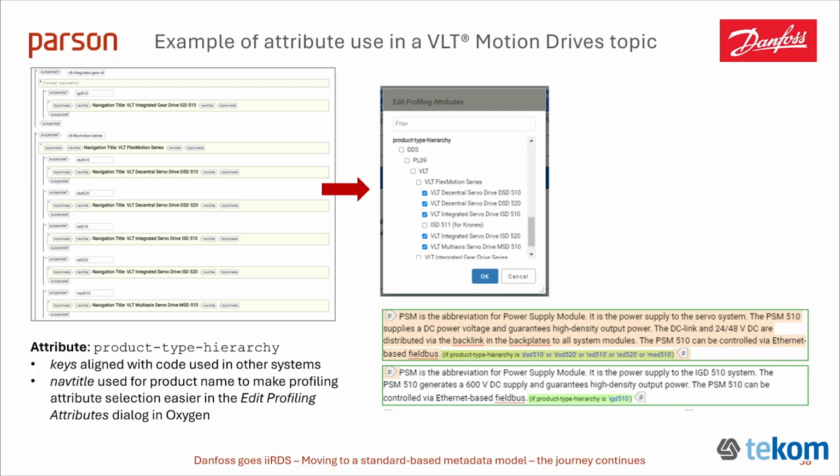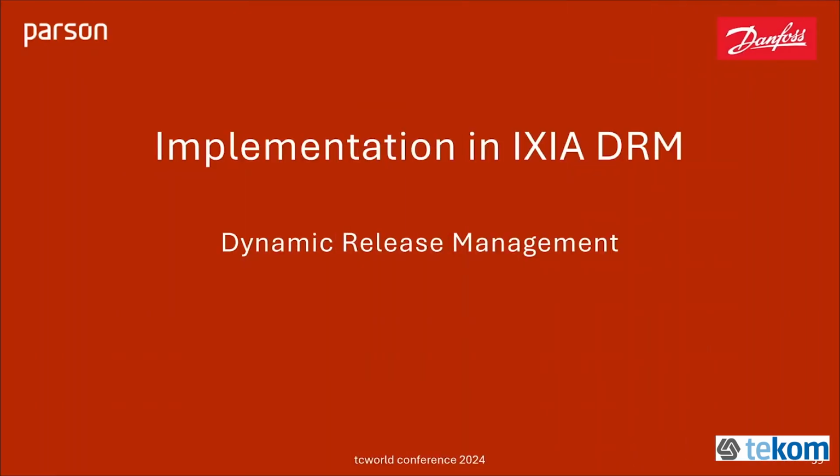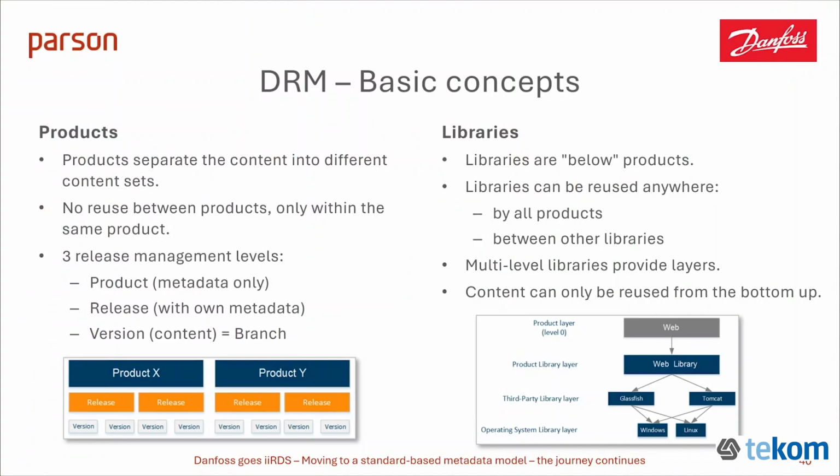In this case, if these keys, this is only valid for these keys, but not for the other products, right? And here we have a very specific topic that's only valid for one product. I think this is standard DITA functionality. This is just to give you a little bit of an idea.